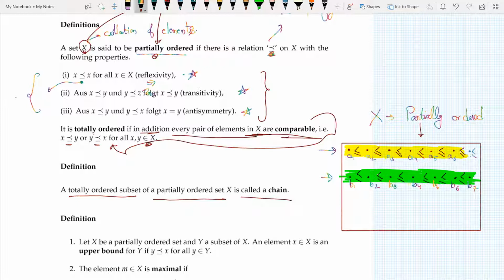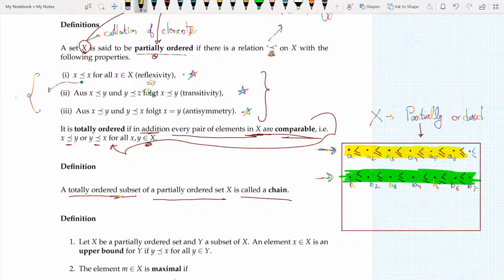These two are my totally ordered subsets in my partially ordered set. My partially ordered set X is a collection of all these elements, and elements within a chain can be compared with each other. We can say that A2 is greater than A1, or A1 is less than A2, within my chain or within my totally ordered subset.